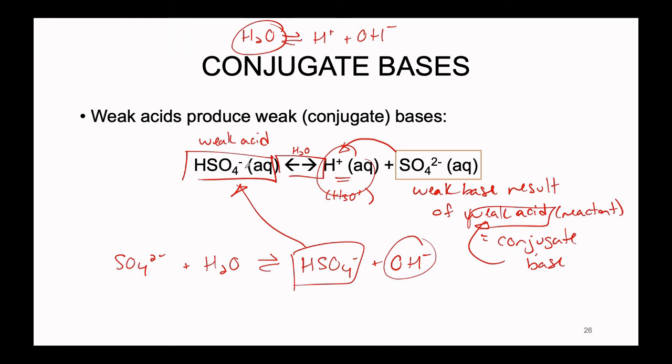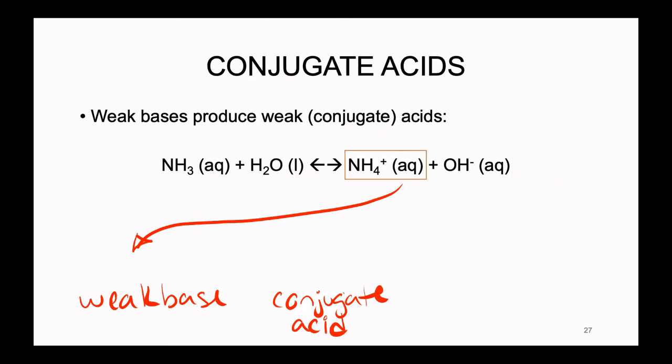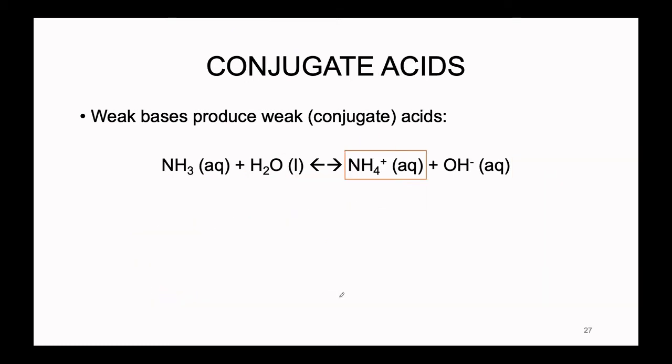These two pieces, the acid and the base, are intrinsically linked in solution because of the reversible dissociation in water. So when I say conjugate base, what I mean is the weak base that is the result of the weak acid dissociating in water. And similarly, because again we have this reversible nature, a conjugate acid is the result of the weak base in solution.